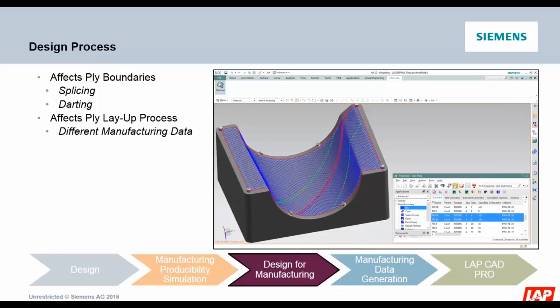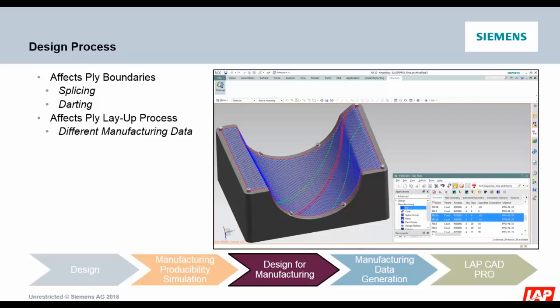I'm going to give some simple examples. If I'm trying to lay up a particular ply on this tool, and I find out that it can't cover the area that I expected it to, I'm going to have to splice that. If I have a situation where I'm going to end up with deformation, perhaps one of the solutions is to splice or dart that particular ply in order to relieve that deformation.